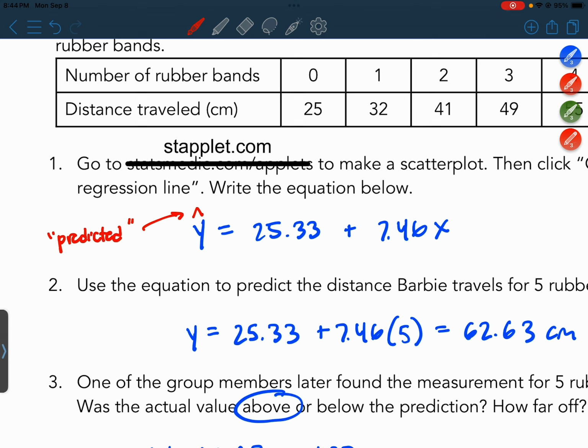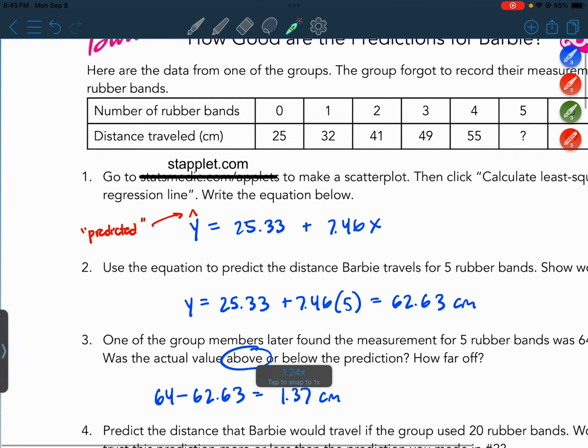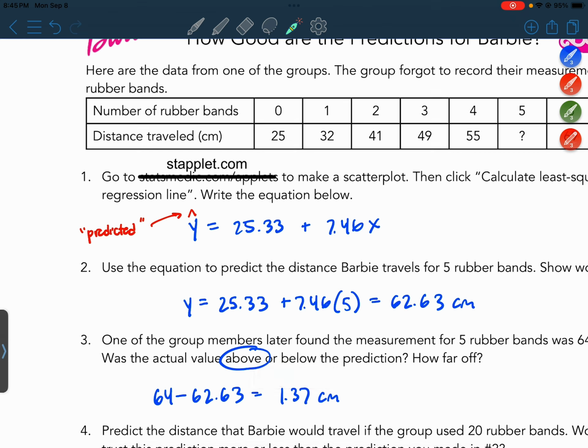So we would read this as the predicted y is equal to 25 and a third plus 7.46 times x. Okay. Now, what would be even better than just adding that extra symbol there is to write the equation using context.